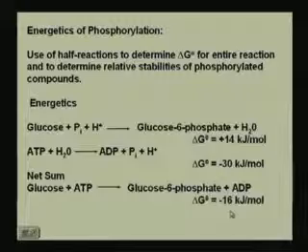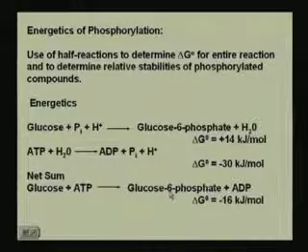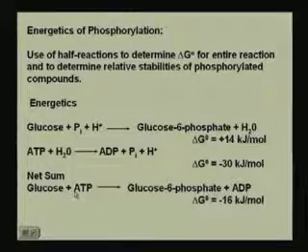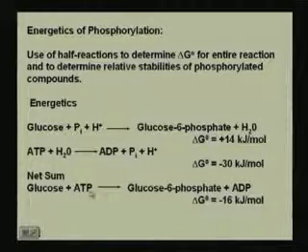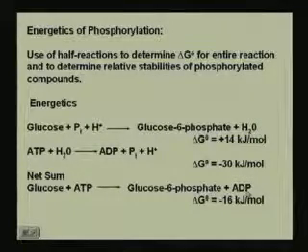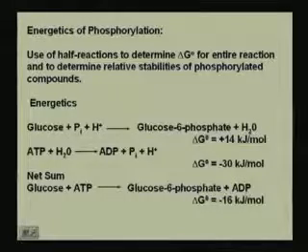Okay. Now, depending on the concentrations of glucose 6-phosphate and glucose and the relative amounts of ATP and ADP that you have, the free energy change of the reaction is going to change, right? Because what is that reaction that we have?